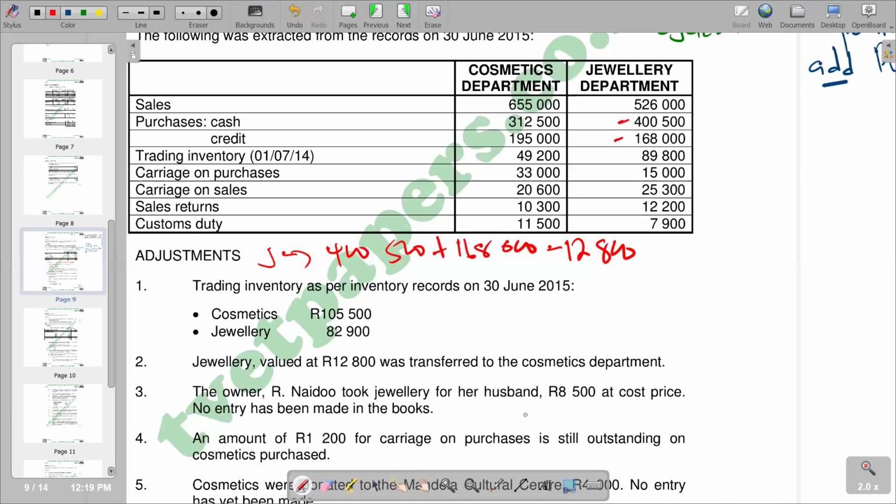And then we check another adjustment of jewelry. We got the owner Aaron took jewelry for her husband, 8,500 at cost price. No entry has been made in the books. So these are drawings, and they are going to reduce our trading stock for jewelry.